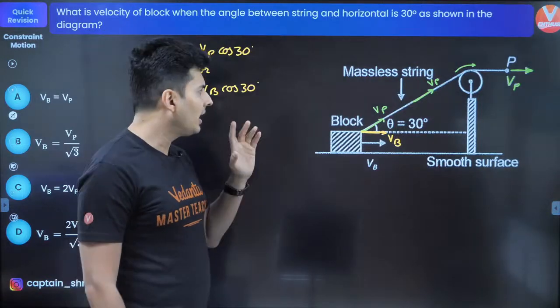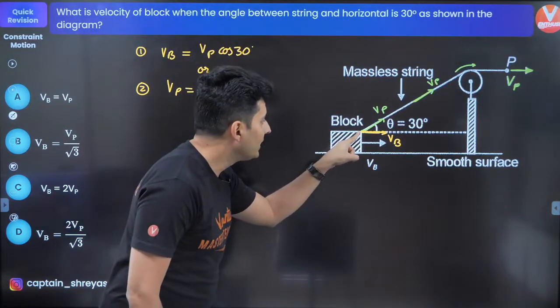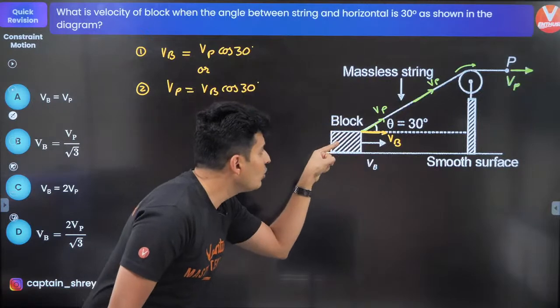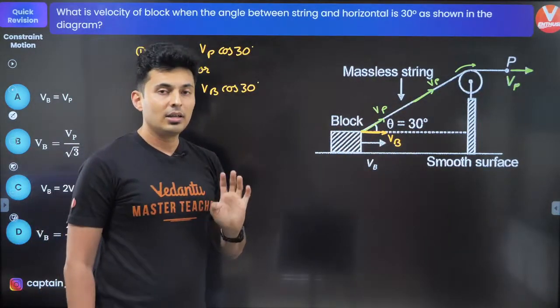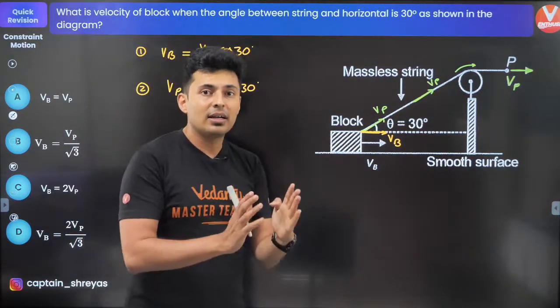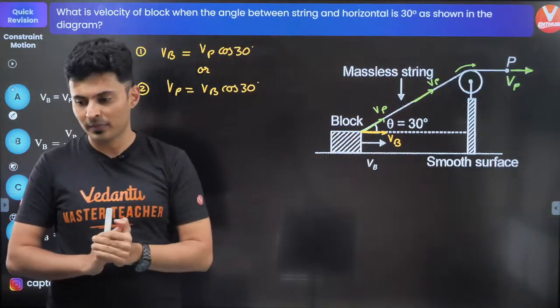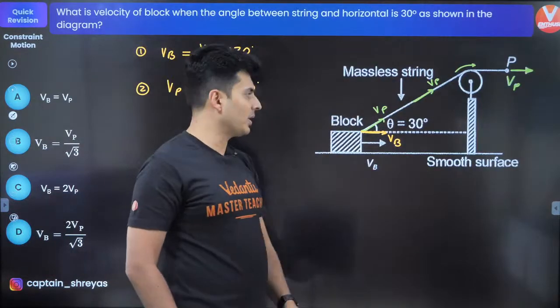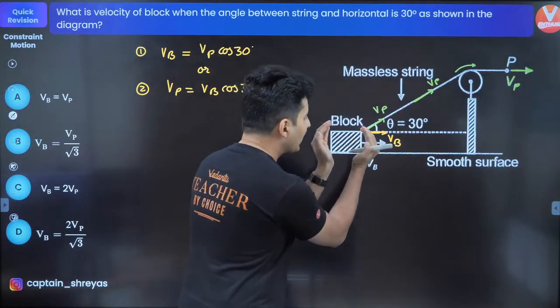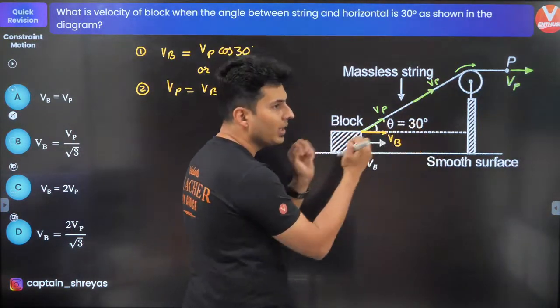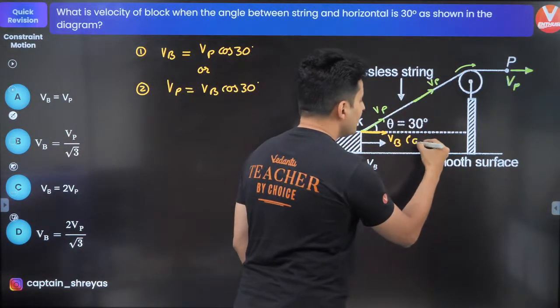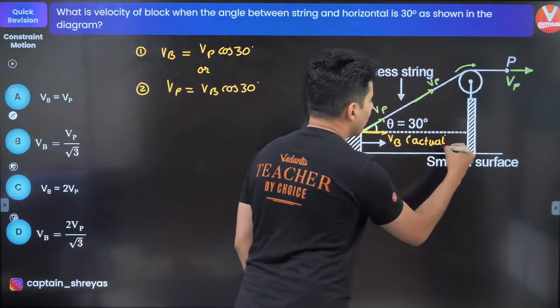Guys, it's very easy. I'll tell you what. This point is actually moving in the direction of B. Think about that, because you need to understand who is whose component. This block actually is moving here, so all the points are actually moving here. So Vb is the actual velocity of that point.